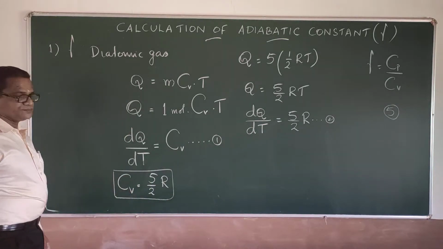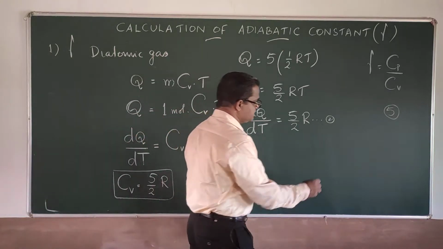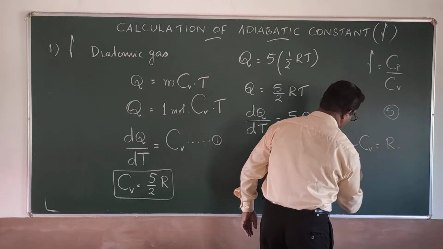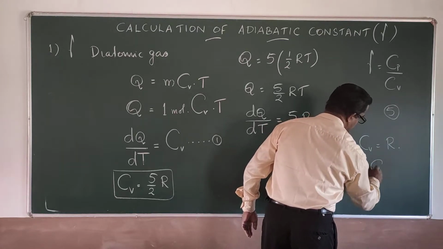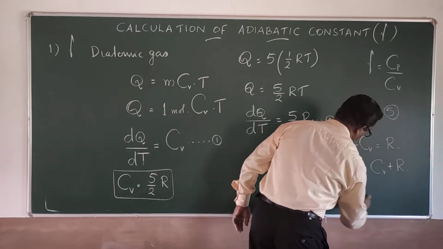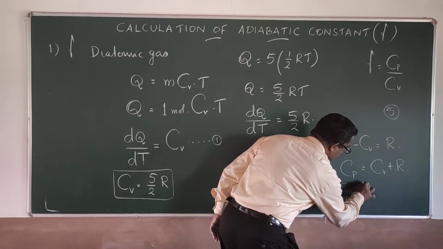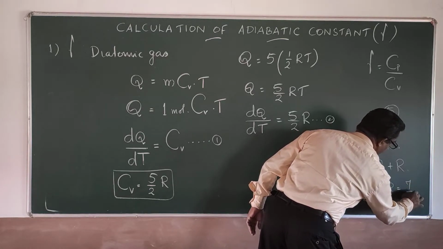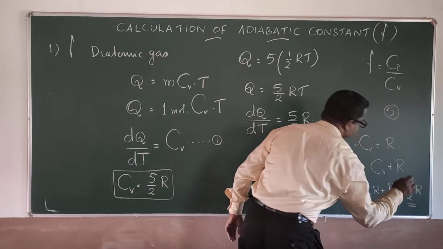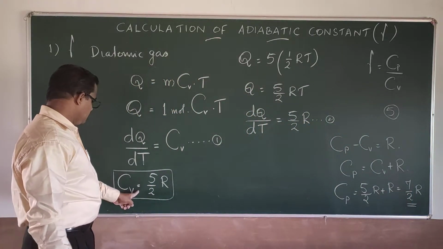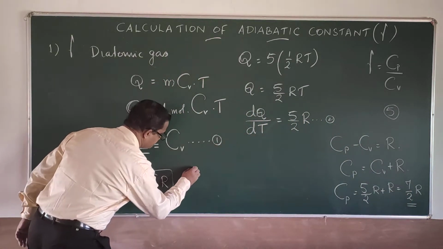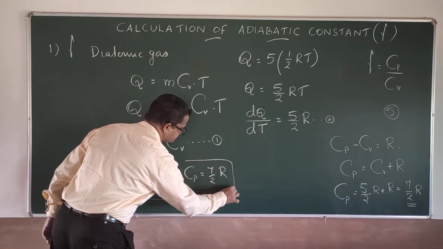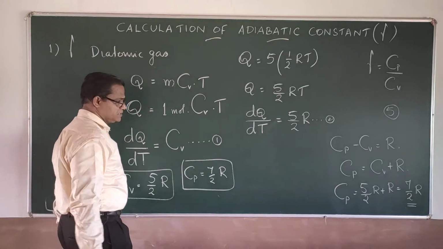Another important equation. Now you take Cp minus Cv equal to R, Meyer's relation. Therefore Cp equal to Cv plus R, and therefore Cp equal to 5 by 2 R plus R, which will be equal to 7 by 2 R. So Cv equal to 5 by 2 R, Cp equal to 7 by 2 R for diatomic gas.